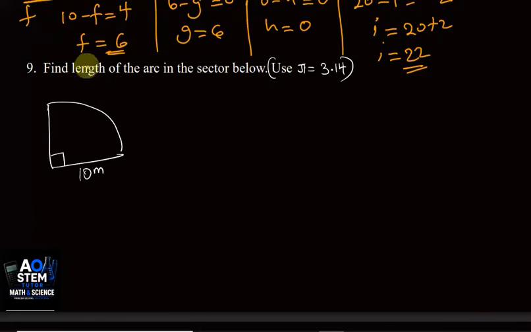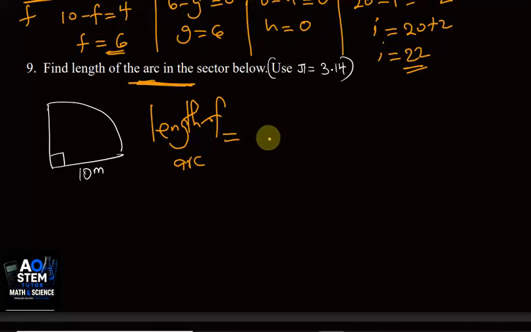Next question, number 9. Find the length of the arc. We have the radius only. Length of arc is equals to, it is a sector, so theta over 360 pi d. Our theta is 90, or it is just a quarter circle.